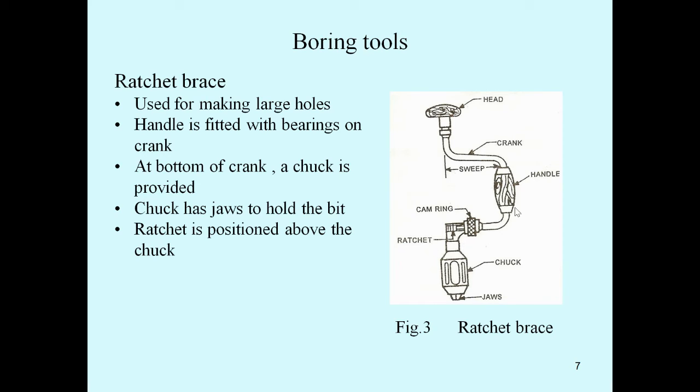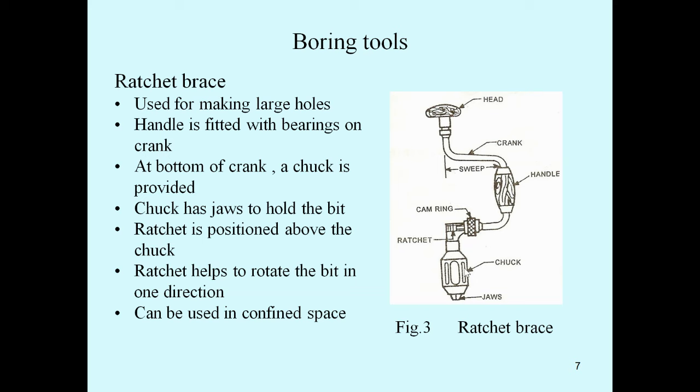The ratchet is positioned above the chuck. This will be the ratchet, which is positioned above the chuck. Next, this ratchet helps to rotate the bits or drills in one direction. What is the purpose of this ratchet? It helps to rotate the bits or drills in one direction, so it can be used in confined space.